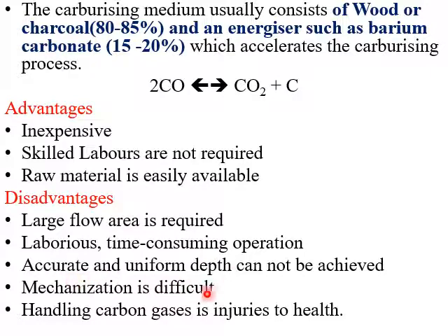Accurate and uniform depth cannot be achieved. As I said, if you have an irregular shape of specimen, we cannot have a uniform depth. Mechanization is difficult because packing and unpacking require human labor, so mechanizing or automating this is a little bit difficult.